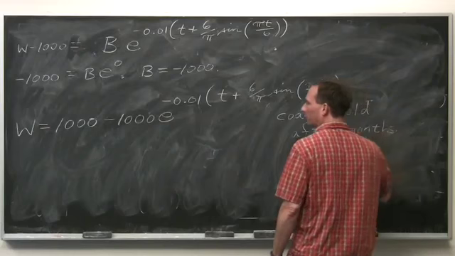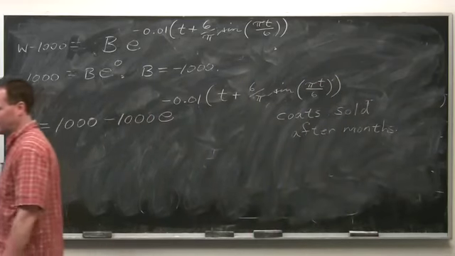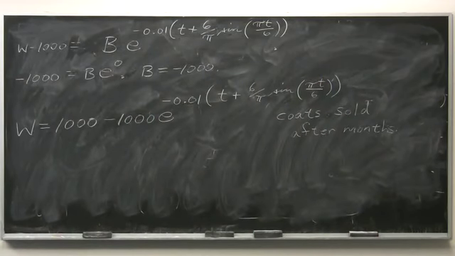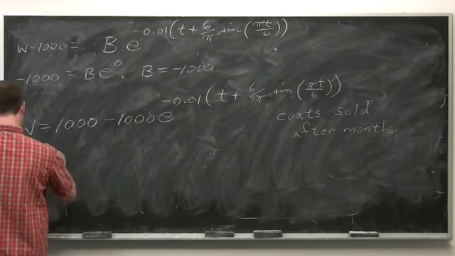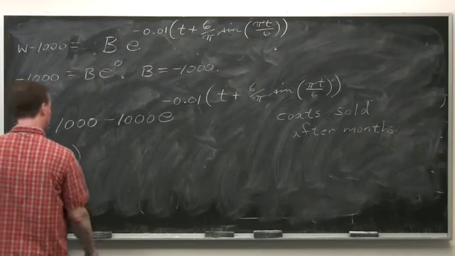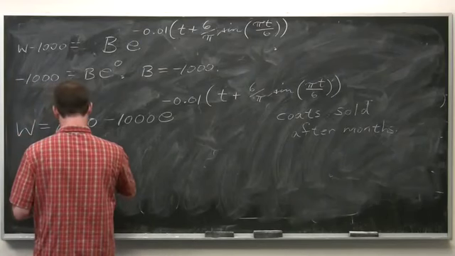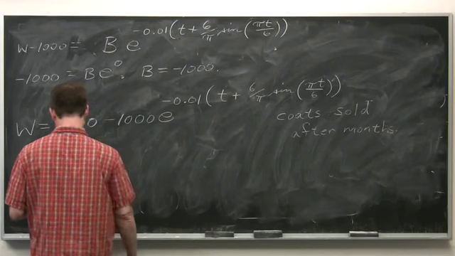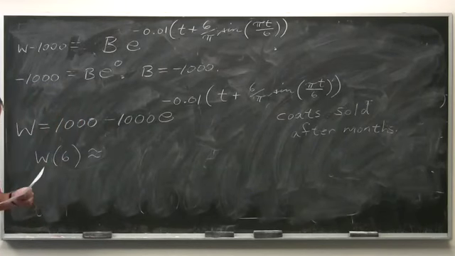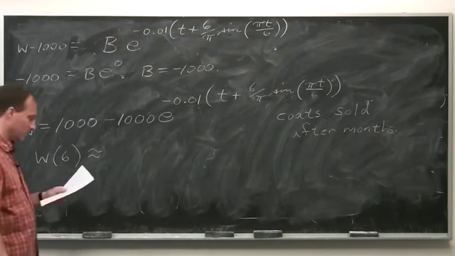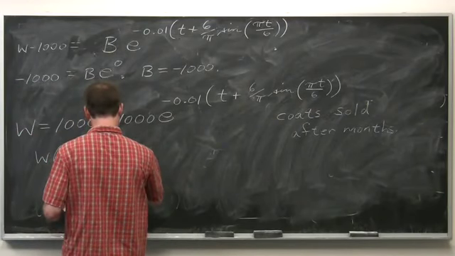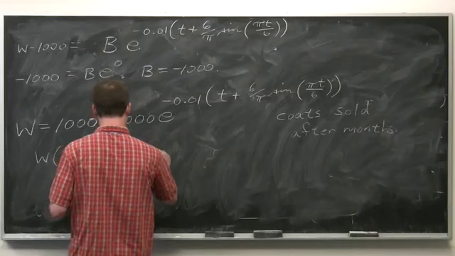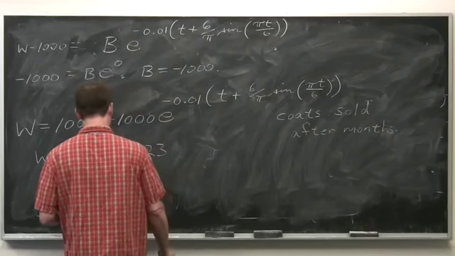I do have the numbers for this for 6, 9, and 12 months, and they're in the book. It is kind of interesting to see what you get. If you plug in 6 and get out a calculator, in the book they're given to about 10 decimal places, because in the book we compare this with what you get from linear approximation, but I'm not going to now.